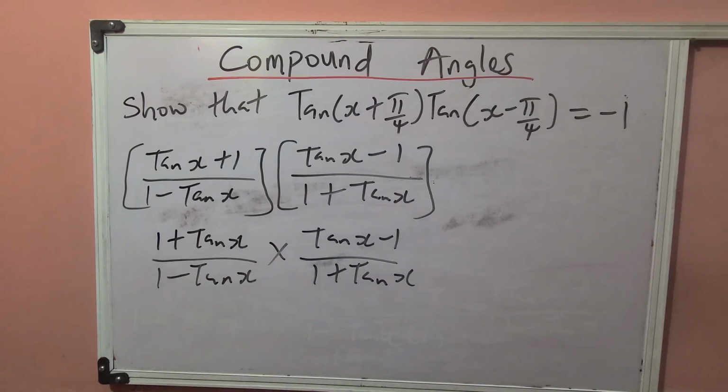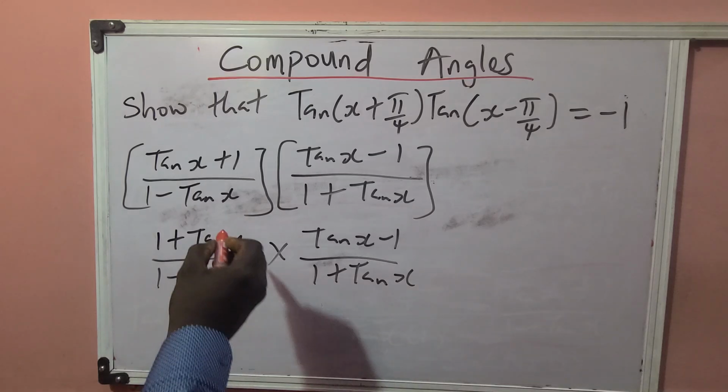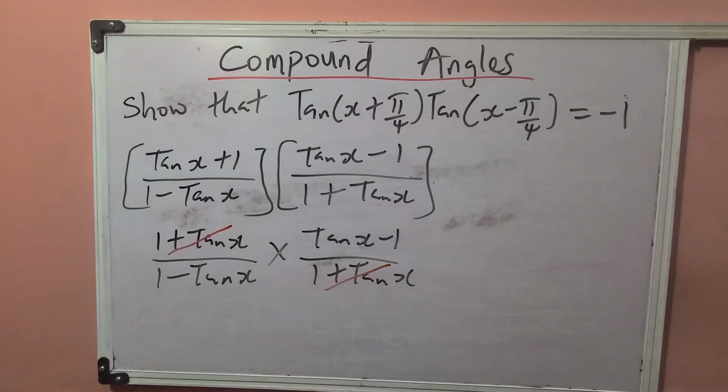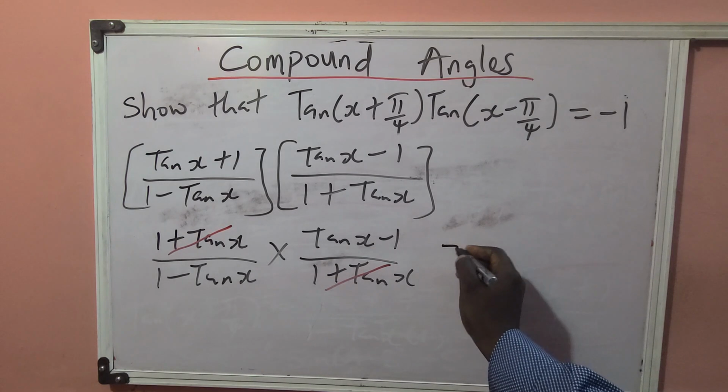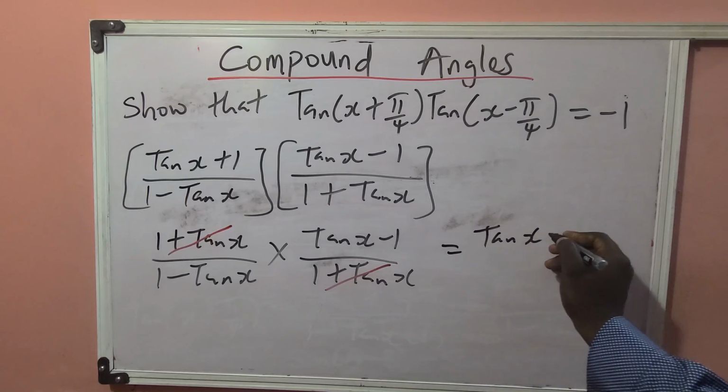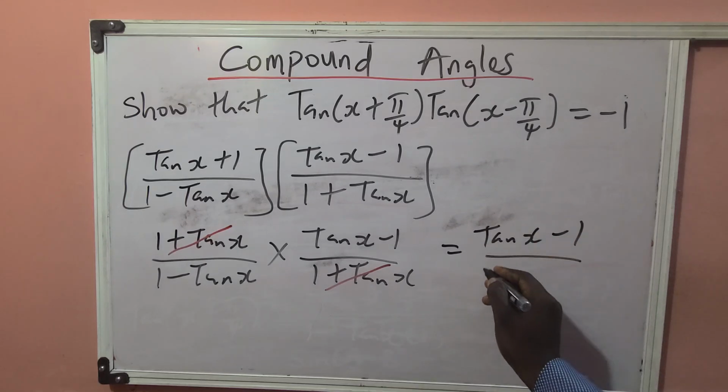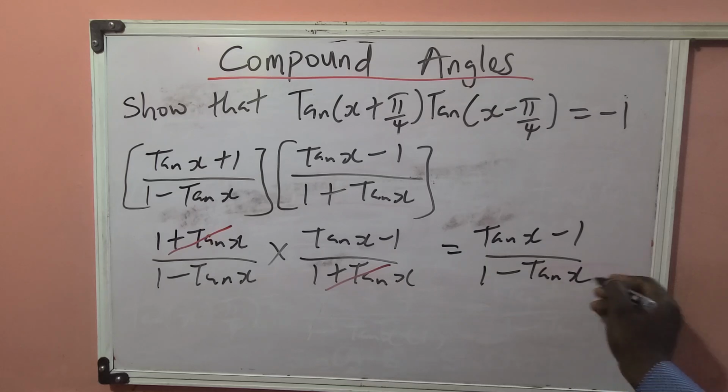Don't forget there's a multiplication sign here because we are multiplying them together. So the two values right here can actually cancel out, and we'll be left with tangent of x minus 1 over 1 minus tangent of x.